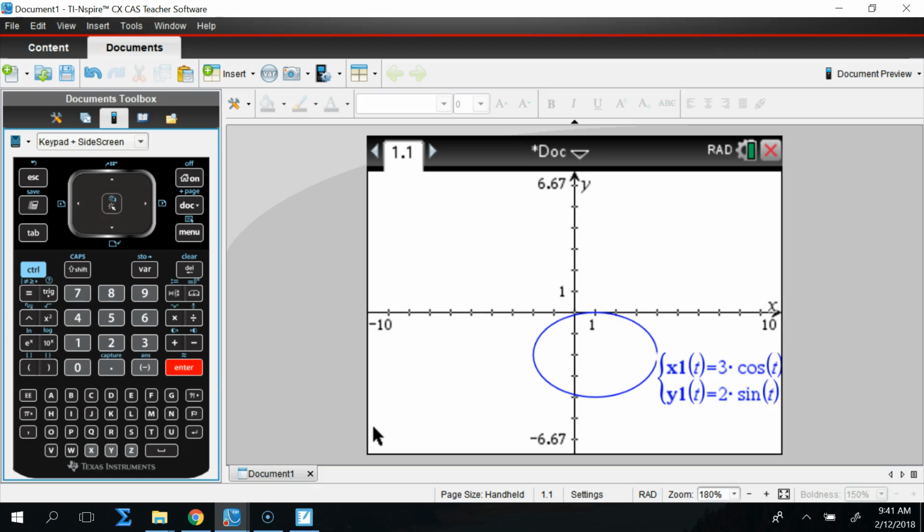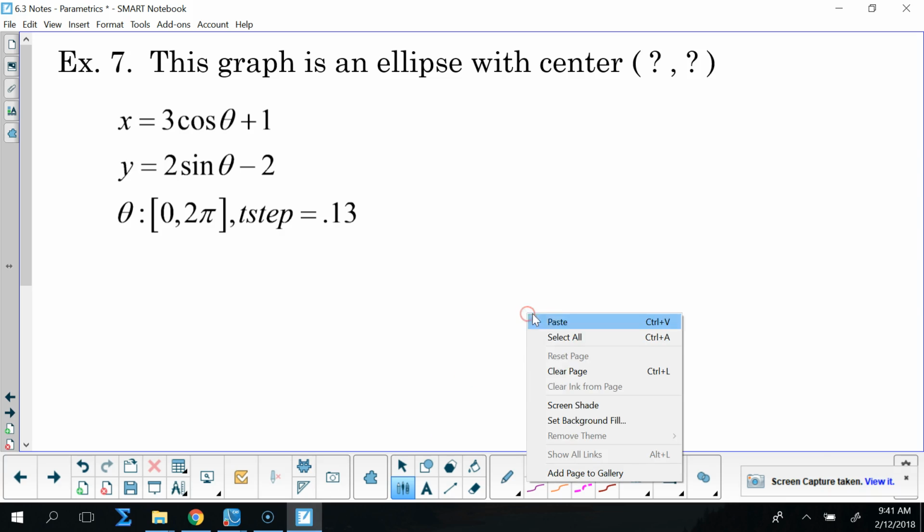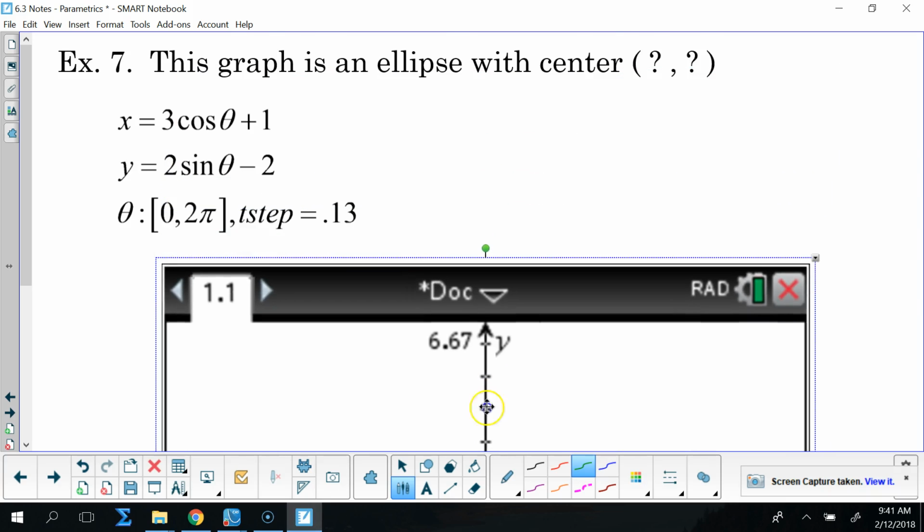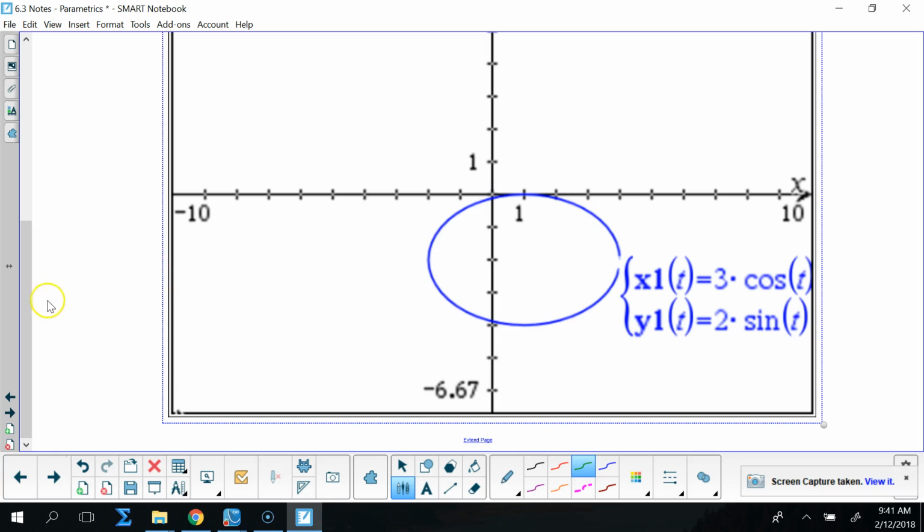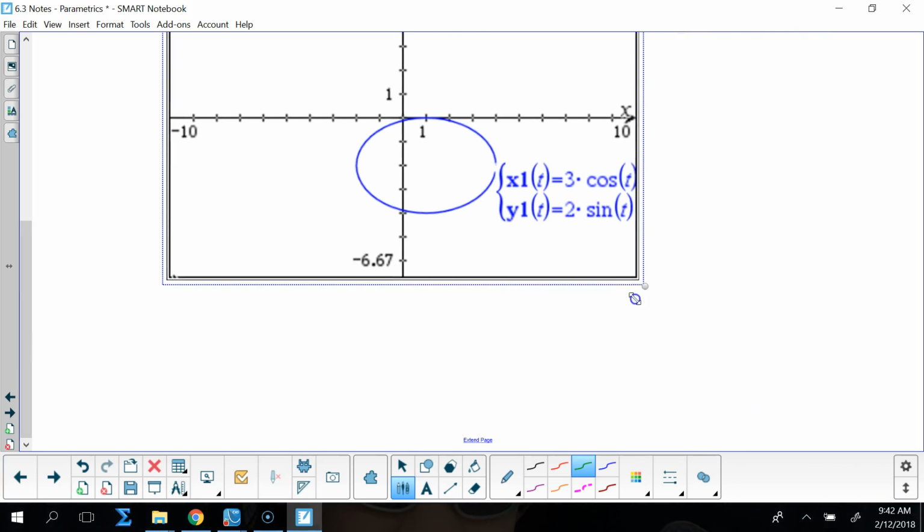That's the cool thing about parametric equations, is that everything is as it's written. Let me shrink this up so we can actually see it here.